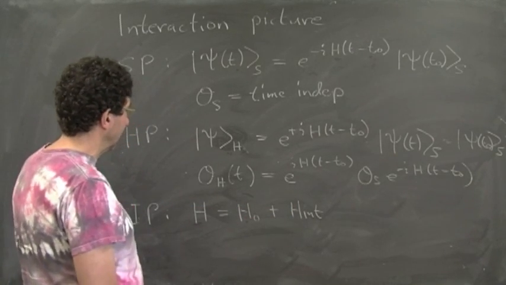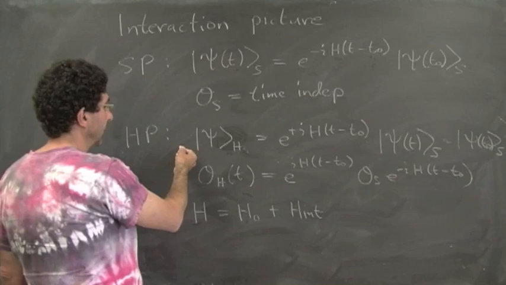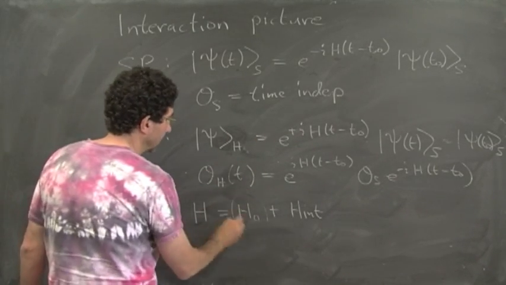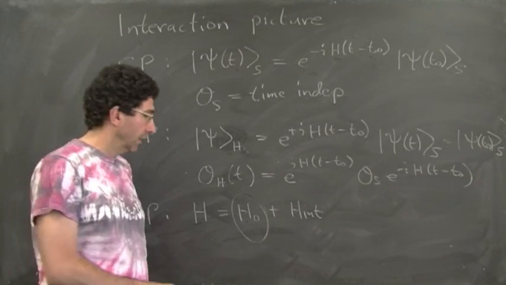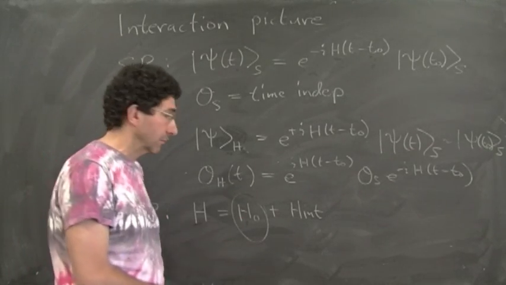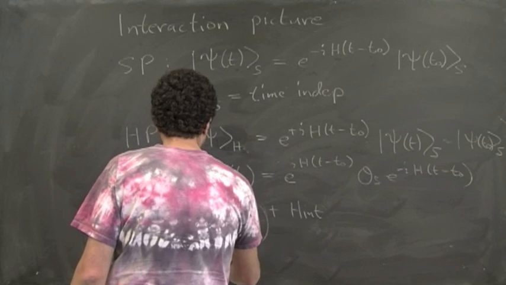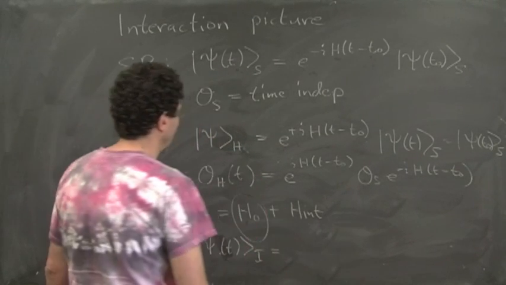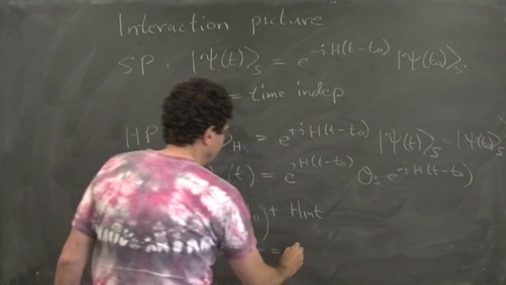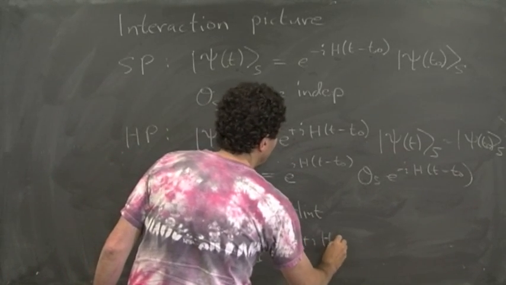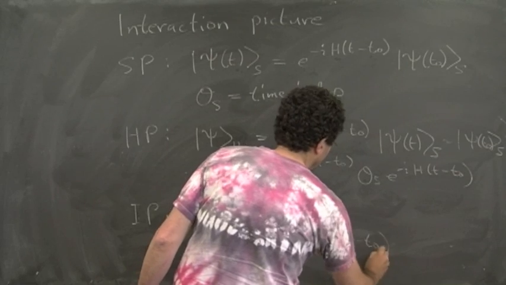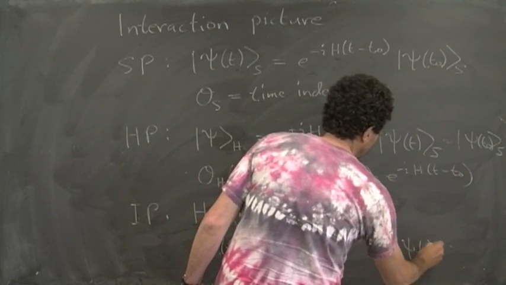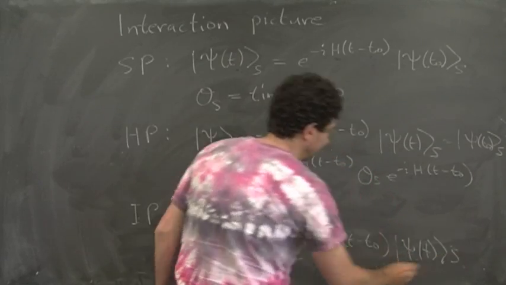And the idea in interaction picture is that rather than taking all of the time evolution out of the states, we take out of the states only the time evolution due to H naught. So we'll define the states in interaction picture, which do depend on time, to be e to the plus i H naught (t minus t naught) times the Schrodinger picture states.